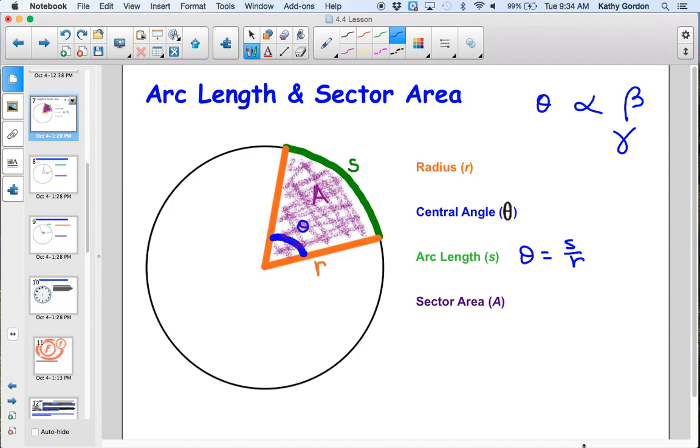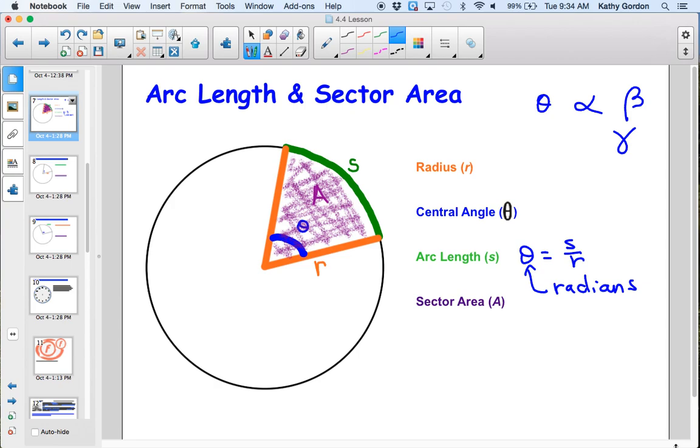Your central angle is always the result of taking S divided by R. But you have to realize that this is an angle that is in radians. Okay?